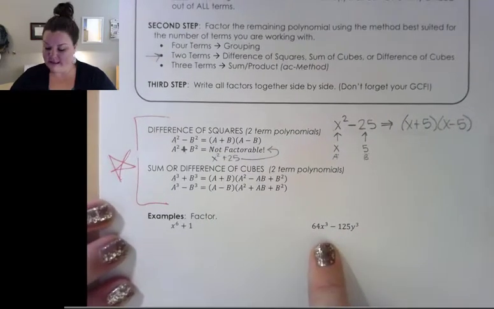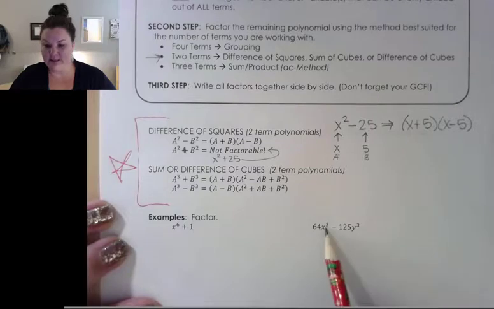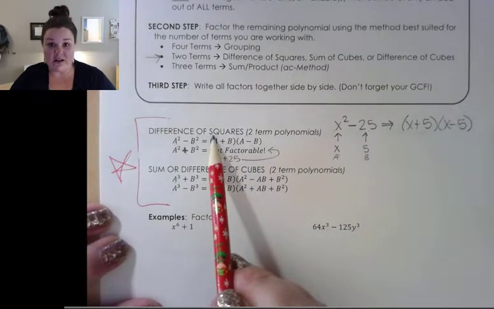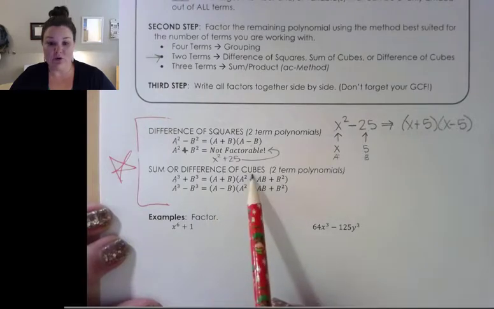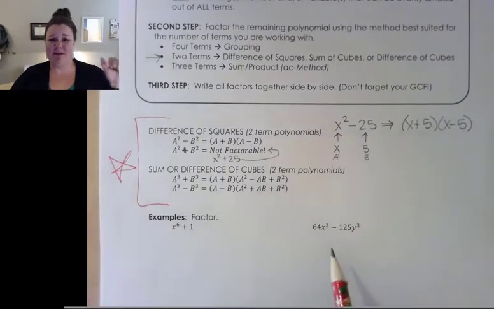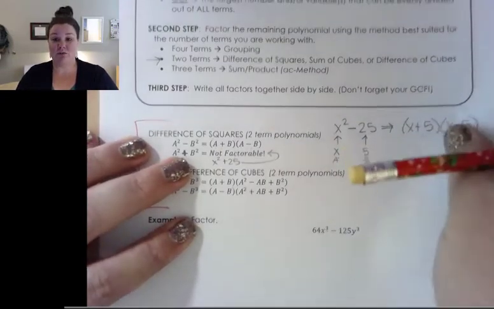If we look at 64x cubed minus 25y cubed, just looking at the exponents, if I'm trying to decide is this a difference of squares or is this a difference of cubes, I just look at the exponent. I have 3's here, okay? If I had 3's, 6's, 9's, 12's, things that 3 goes into, it's most likely going to be cubes, okay?